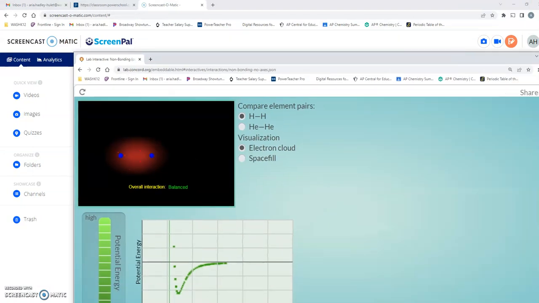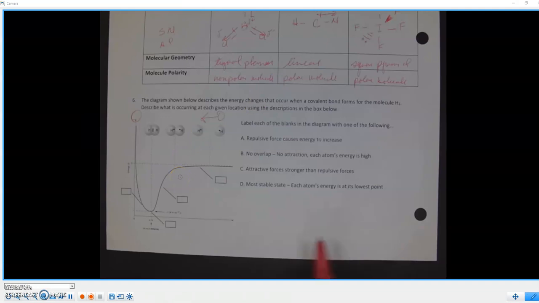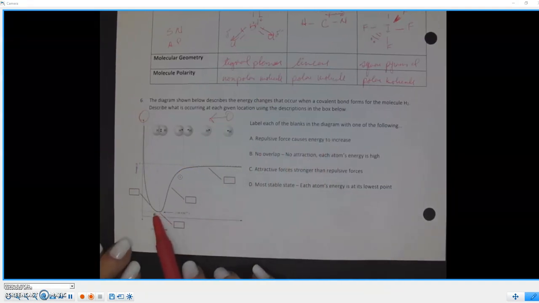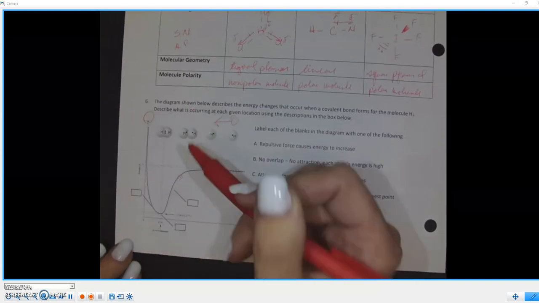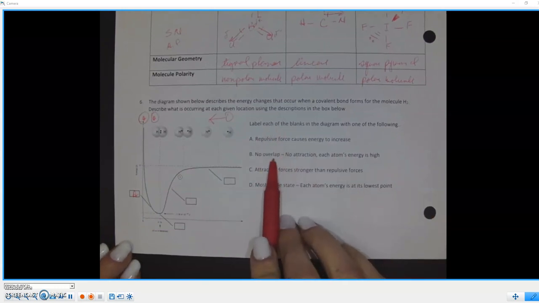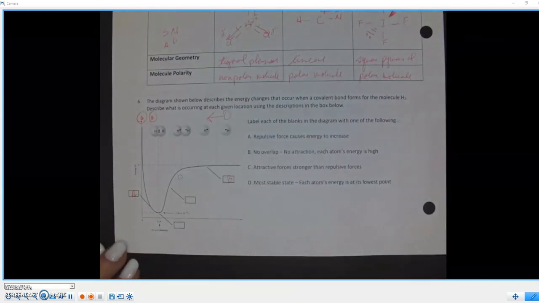Okay, so let me pull up the camera again. Repulsive force causes energy to increase. That happened right here. The nuclei of this atom got way too close to the nuclei of that atom, and the repulsive force made that energy shoot up. We had, when there was no overlap, like no attraction, they were so far away from each other. That happened right here.